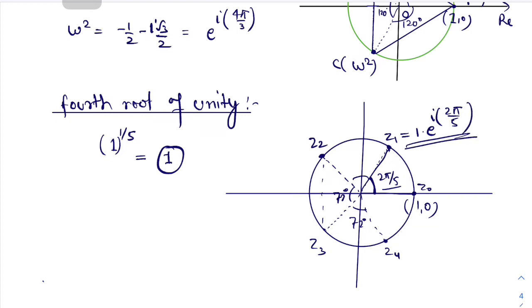So this is one complex number. If we are required to find Z2, I can write this as again 1 into e to the power iota times this complete angle, 2 pi by 5 plus 2 pi by 5, which means 4 pi by 5. In this manner we can write Z3 and Z4 also.